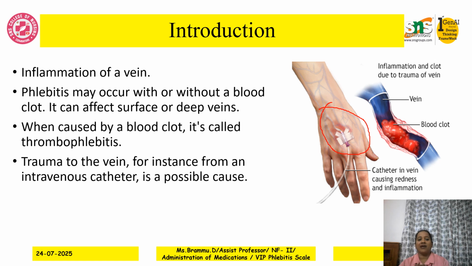It can affect both the deep and the surface veins. Here, when we relate it, it is only the superficial veins, which we call phlebitis. If it involves the formation of a blood clot, then we call it thrombophlebitis, which is inflammation that has occurred due to the IV insertion technique.